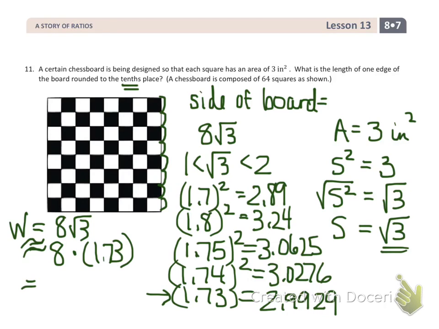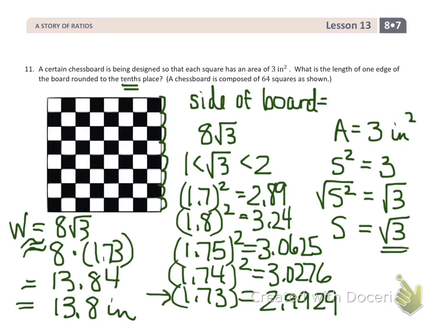and that's equal to 13.84, which rounds to, if we're rounding to the tenths, 13.8 inches for the side length of that checkerboard. I want to talk about another way we could have done this.